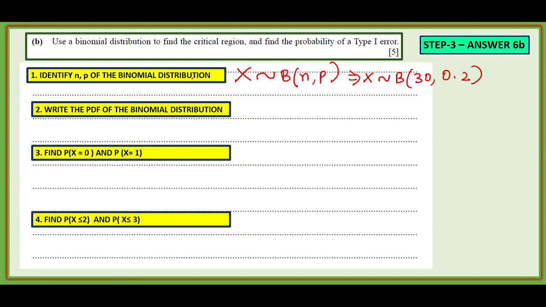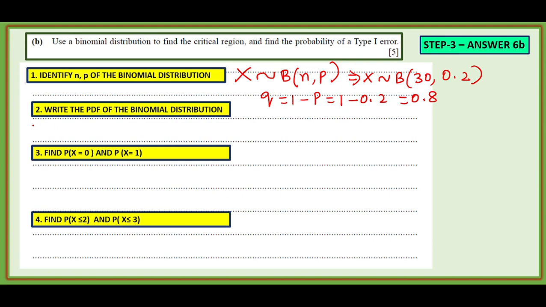Because it is binomial, we need to have a q which is 1 minus p, which is 1 minus 0.2, which is equal to 0.8. Now we have to write the probability density function of the binomial distribution, which is a discrete distribution.